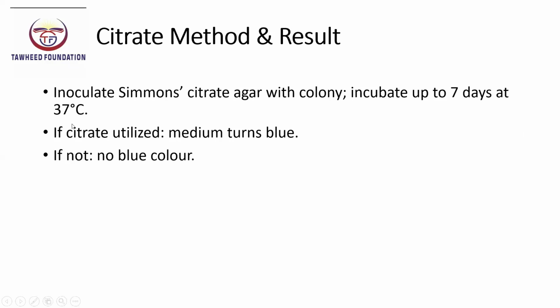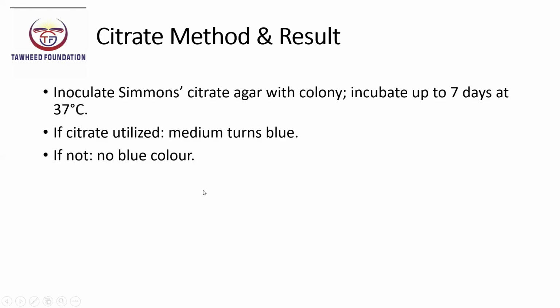Interpretation. Positive test: growth on the citrate agar with a color change to blue indicates utilization of citrate and production of alkaline products. Examples are Klebsiella species, Enterobacter species, and Salmonella species. Negative test: no growth or color remains green, indicating inability to utilize citrate.